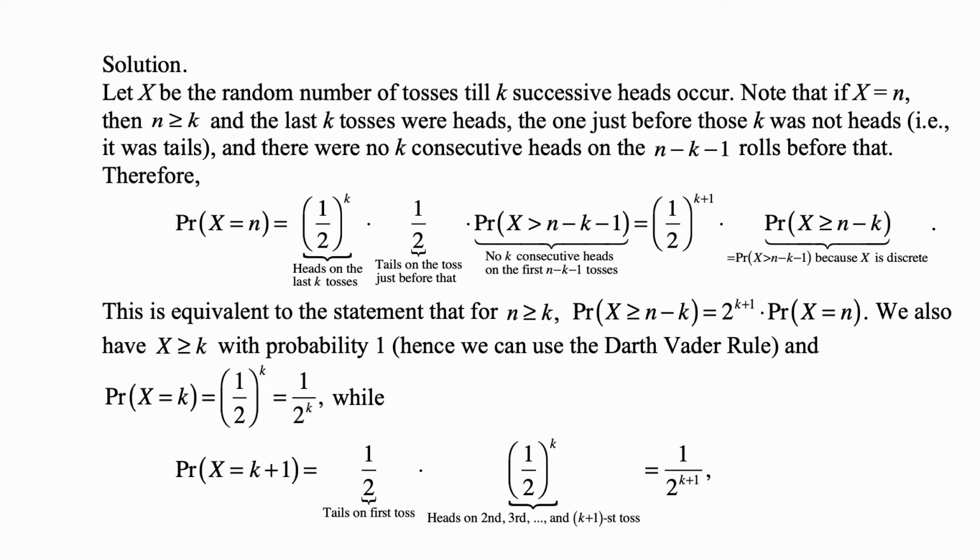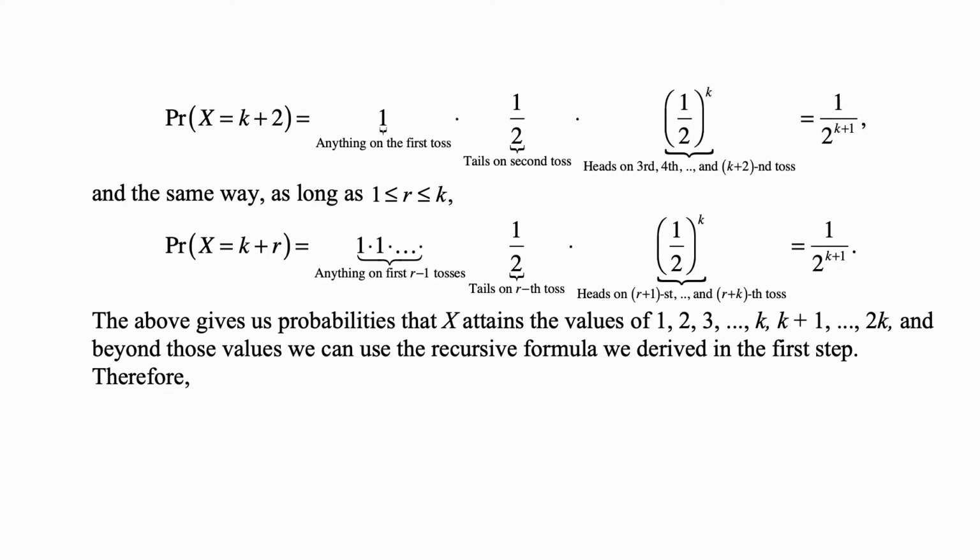And the probability that X is equal to k is exactly equal to 1/2 to the k. And then the probability that X is equal to k plus 1 is 1/2 for tails on the first toss, times 1/2 to the k, which is heads on the second, third, and so on until the k plus first toss. And that's 1/2 to the k plus 1.